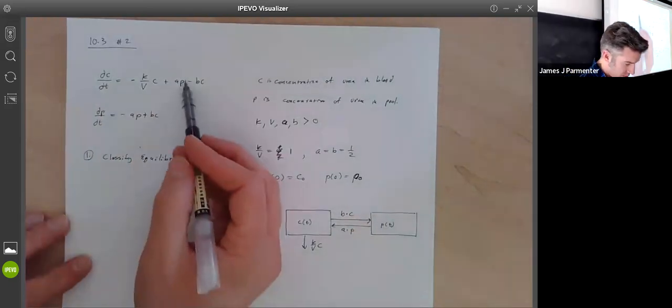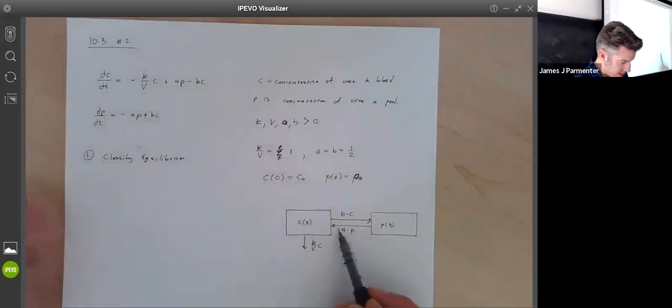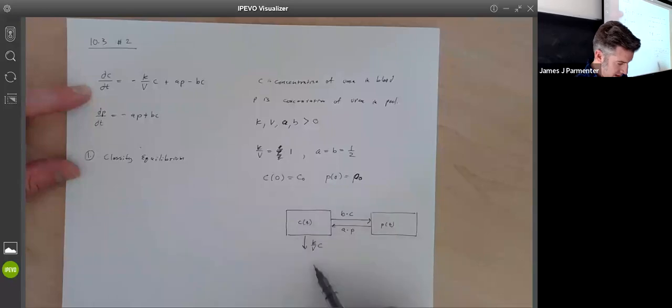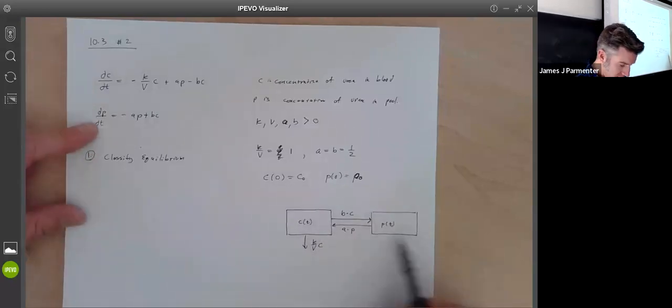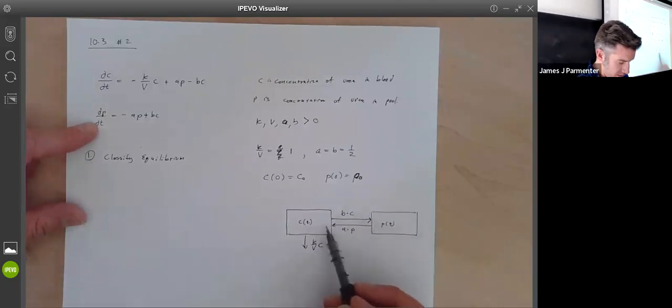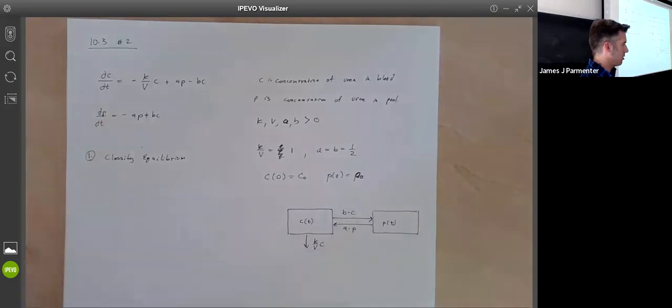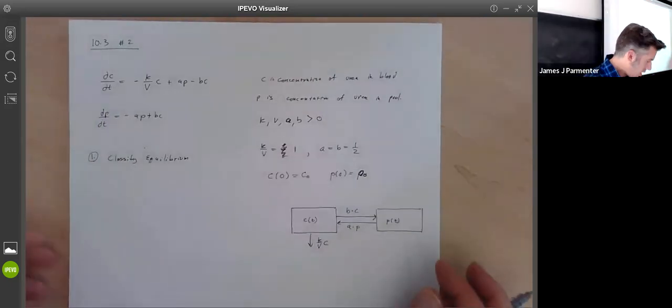So this plus AP is an AP going in to C, and this minus BC and this minus K over V C, you have arrows going out. And then for dP/dt, the minus AP is an arrow going out, the plus BC is an arrow going in. Again, not super important if you don't have to worry about that, but it is something people sometimes talk about, so it felt like a good time to mention it.